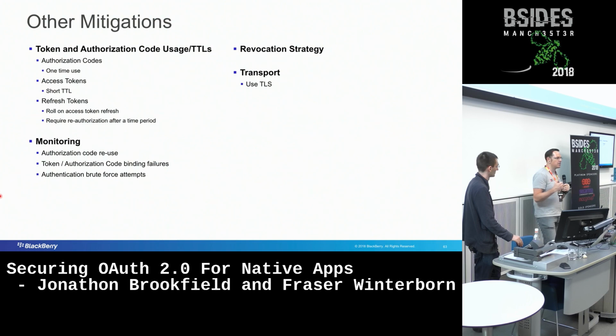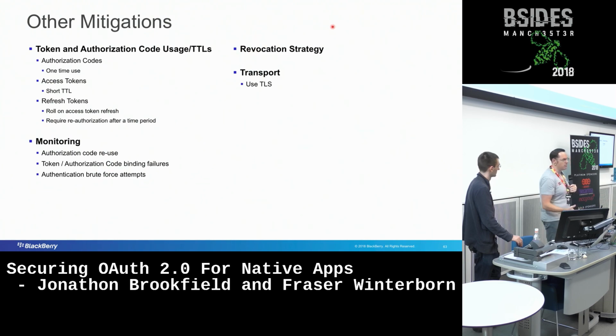So there are various things that if you're running an authorization server that you could spot, such as an authorization code being used twice, or if particular bindings that you know should happen. So if an authorization code is used by a client that shouldn't have access to it, it means something has gone wrong. So all of these you can monitor for, and they're indicators that there's some compromise or something strange is happening within your environment.